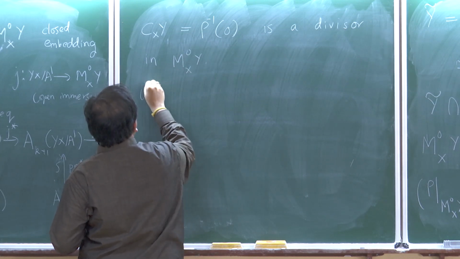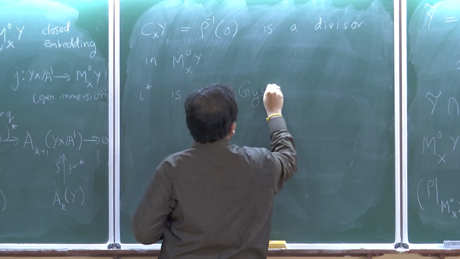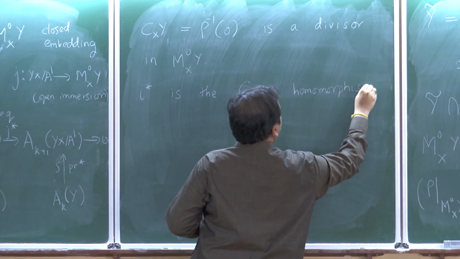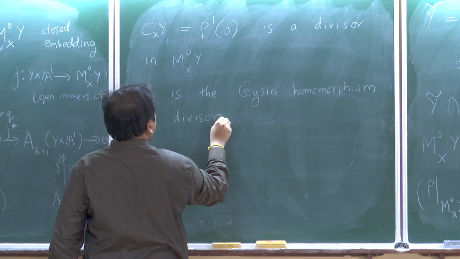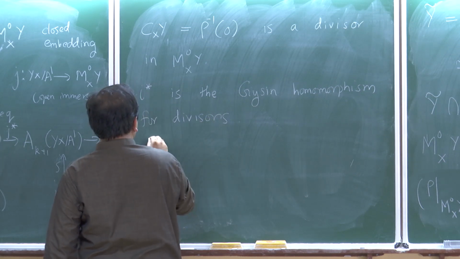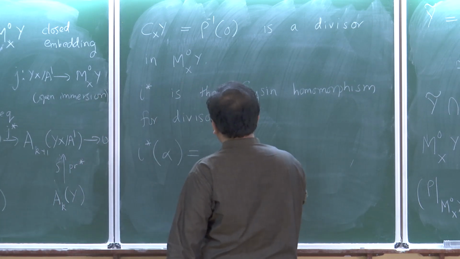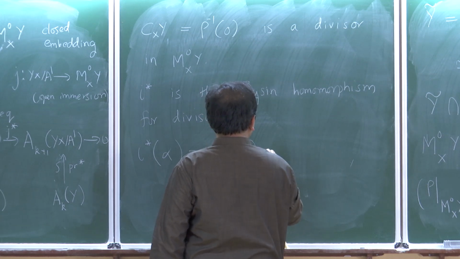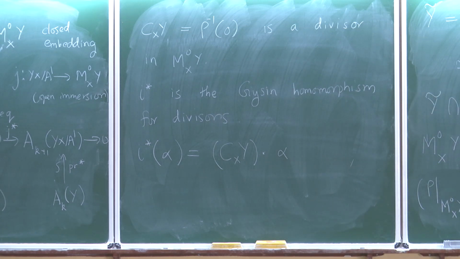So i upper star is the Gysin homomorphism for divisors. How does this work? i upper star of any alpha is just going to be the intersection of this divisor C_XY with alpha. We have seen how to take the intersection with divisors.